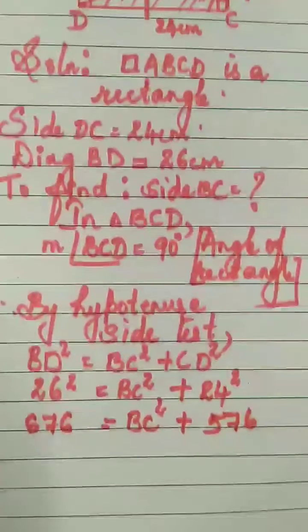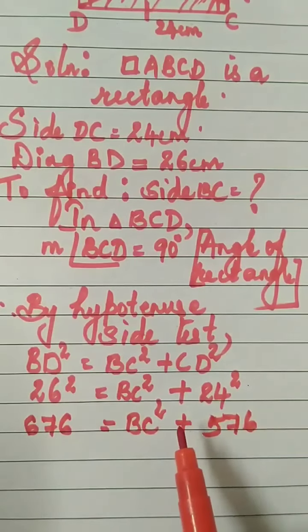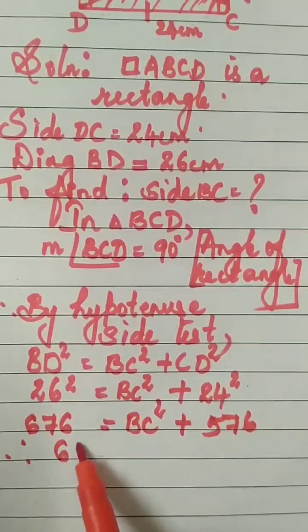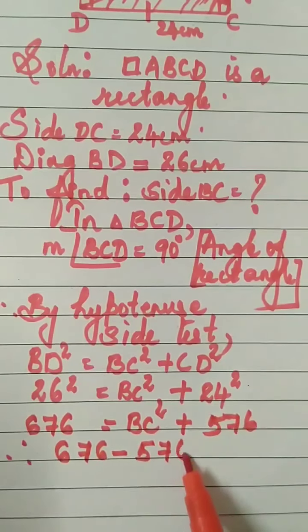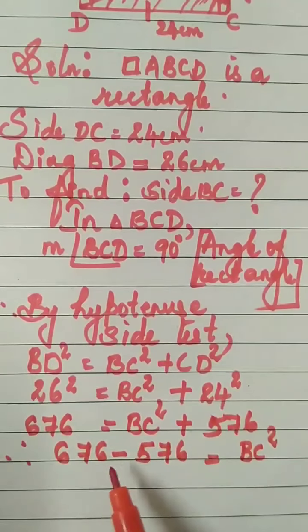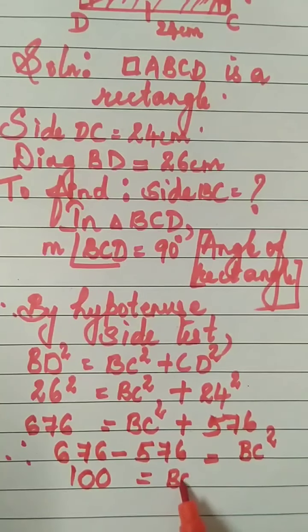So therefore, let us bring this 576 to opposite side. Plus will become minus. Therefore, 676 minus 576 is equal to BC square. Subtract: 0, 0 and 1 is equal to BC square.